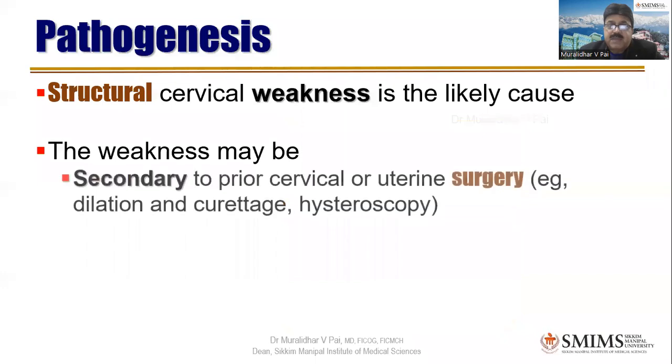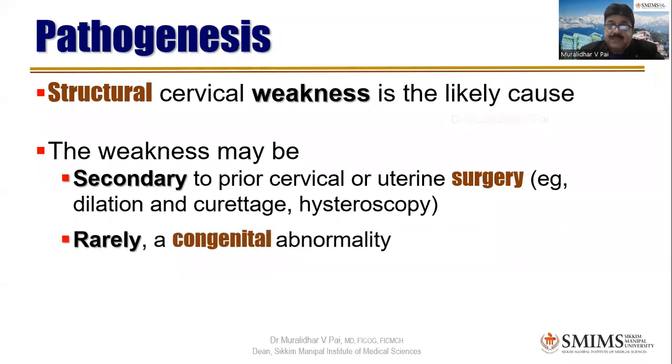The weakness may be secondary to prior cervical or uterine surgery, for example, dilatation and curettage, or hysteroscopy, where you dilate the cervix, especially if you're using resectoscope. Rarely, it can be a congenital abnormality. That's exactly why, even in the first pregnancy itself, there can be a second trimester loss. Those who have got congenital cervical insufficiency.